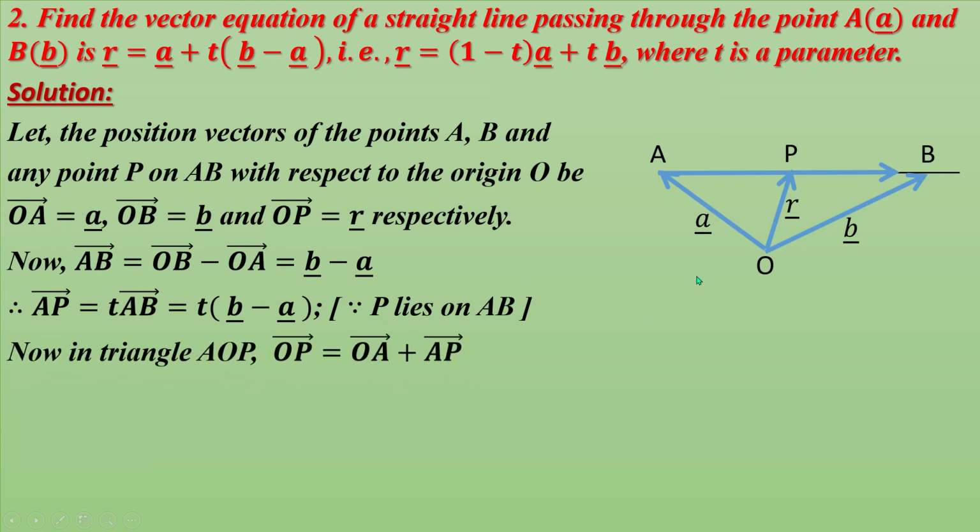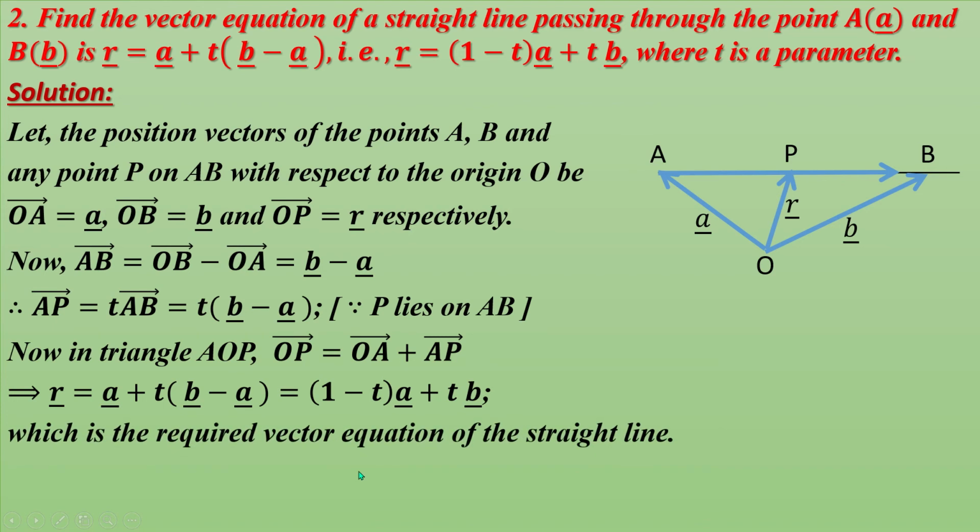OA is equal to what? OA is equal to A vector. AP means T into B vector minus A vector. Now multiply and take common: 1 minus T into A vector plus T into B vector, which is the required vector equation of the straight line. Clear everyone? Okay, now follow the solution related to this formula.